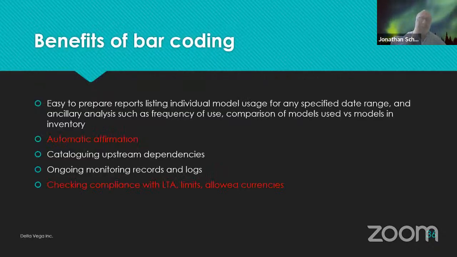Why do we do this? Well, oftentimes, as Professor Hill says, regulators will come to a company and they'll say, what models do you use the most? And the bank has no idea because they don't have anything like this kind of barcode. They can just tell from talking to people and anecdotally figuring it out.